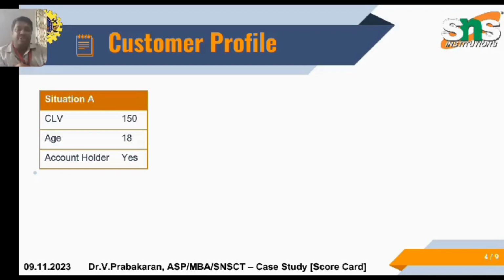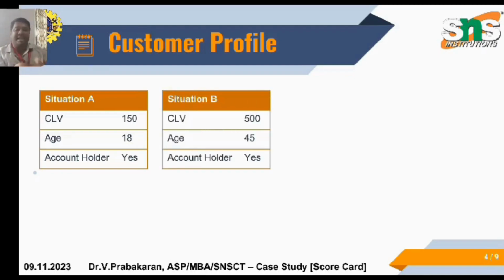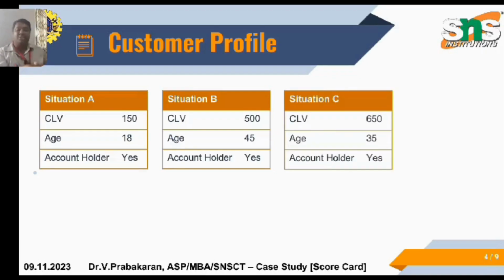In the second situation, the customer lifetime value has a slightly different figure. Now it is 500 points, with a different age of 45. And in the third case, the customer lifetime value has changed from 500 to 650, but now the age is not 45 plus, instead it is 45 minus, exactly 35.